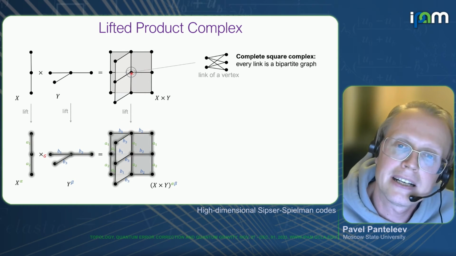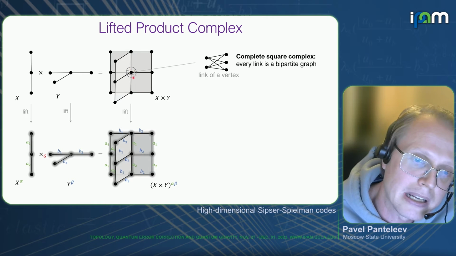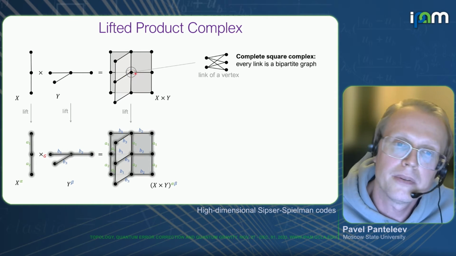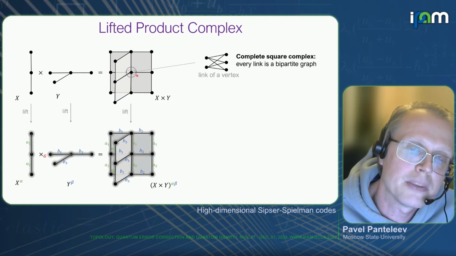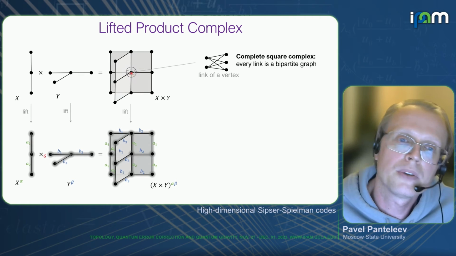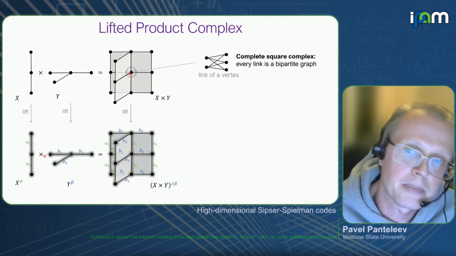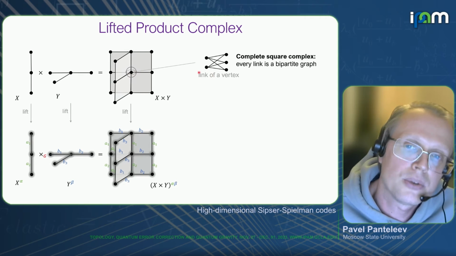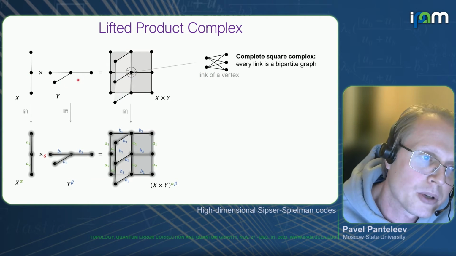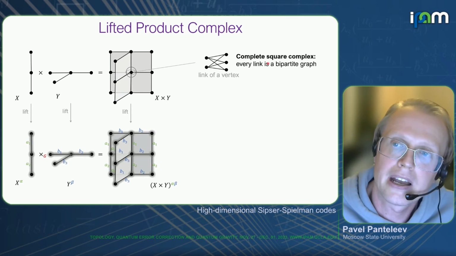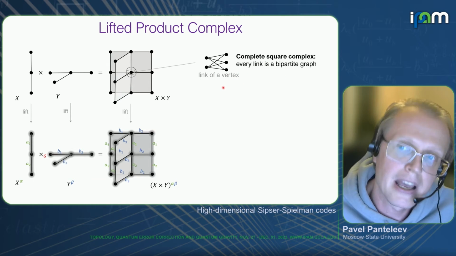If we consider a vertex locally and intersect it with a small sphere, we obtain what is called in topology a link. You can check that the link of a product of two graphs is always a bipartite graph.